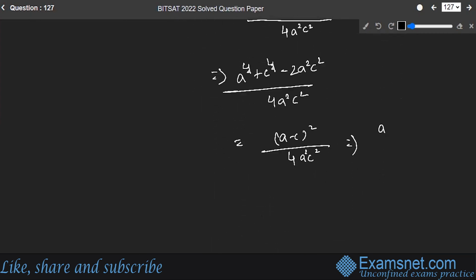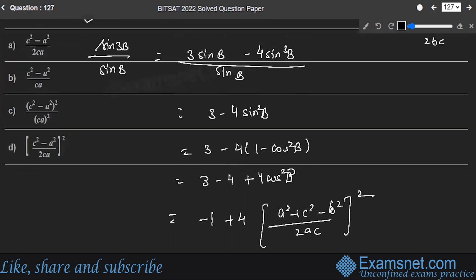So this is equal to a square minus c square whole square. Okay, now this is equal to, I can write it as c square minus a square upon 2ac whole square. Okay, that makes option D to be the right answer.